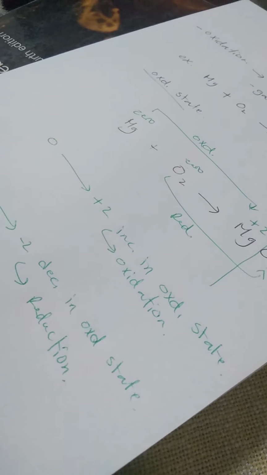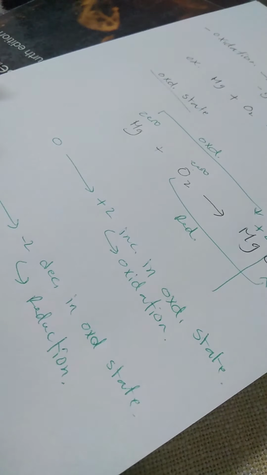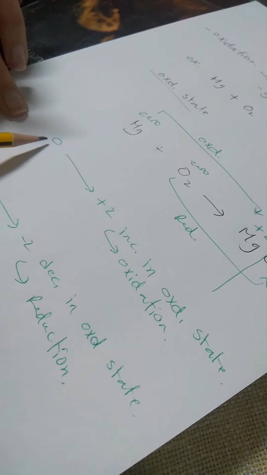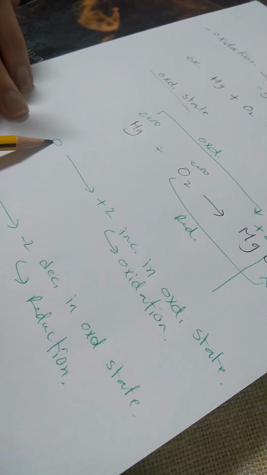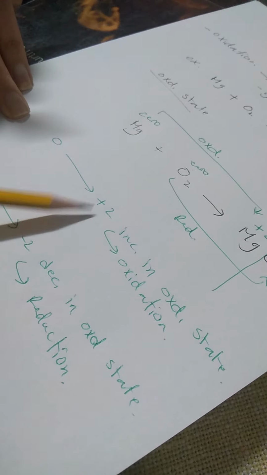Now, in terms of electron transfer, what happened in this reaction? Magnesium in group 2 has the oxidation state of 0. It has the atomic number of 12, so the number of protons is 12 and the number of electrons is 12. How did it become a +2 ion?